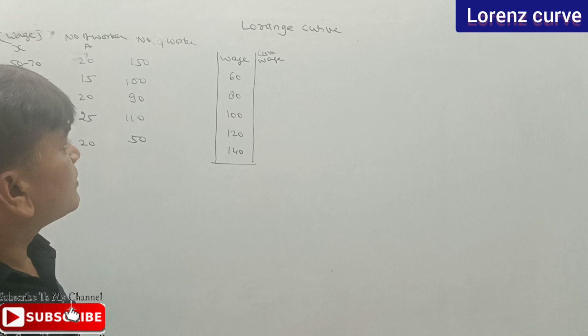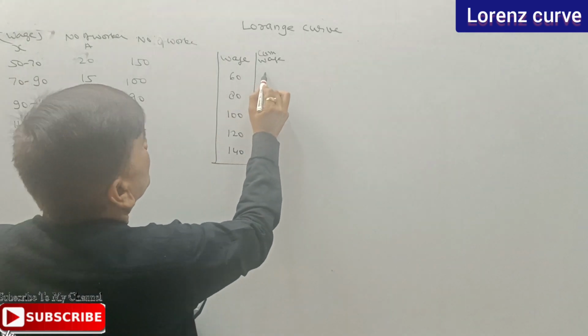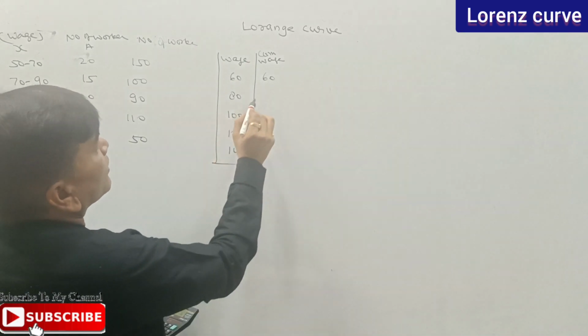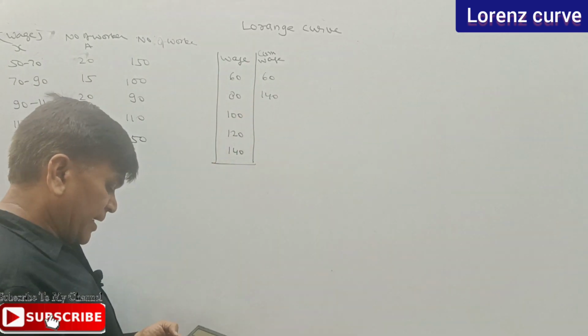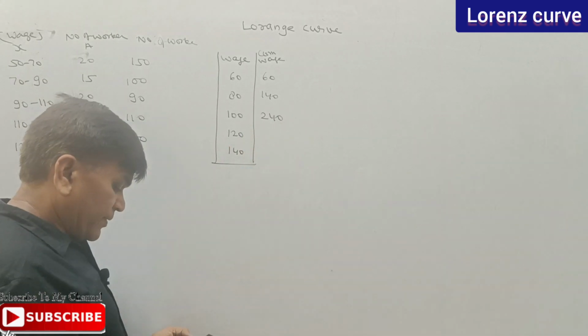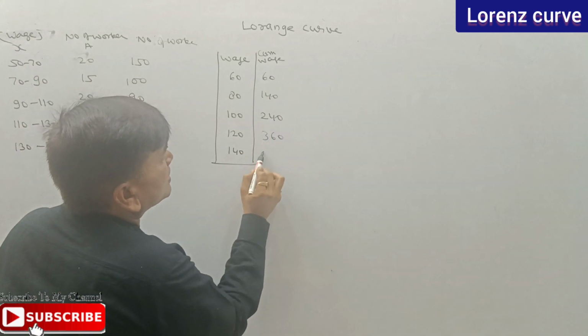Cumulative wage: 60 plus 80, that is 140, plus 100, that is 240, plus 120, that is 360, plus 140, that is 500.